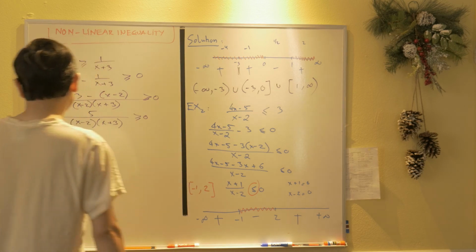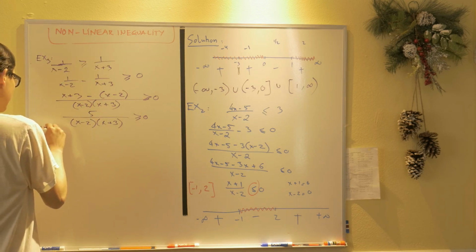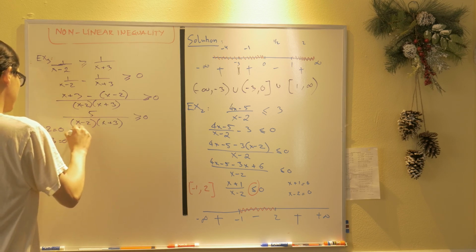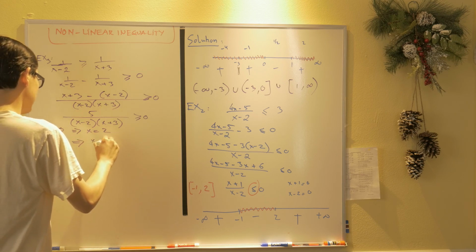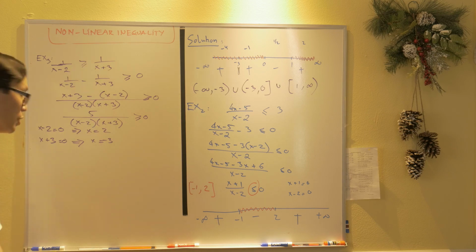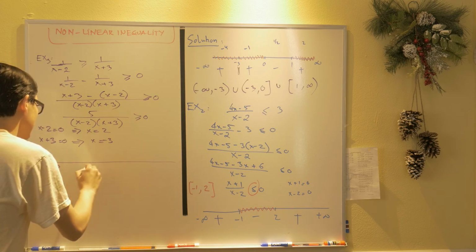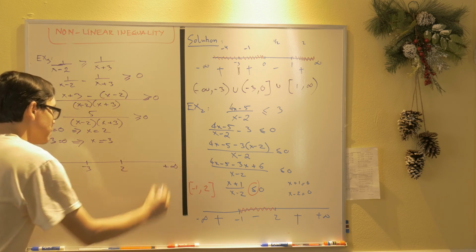And you go ahead and solve for the x values so that you can put those values on the number line. So you have x equals 2, and over here you have x equals negative 3. You put these two values on the number line: negative infinity, negative 3, 2, positive infinity.